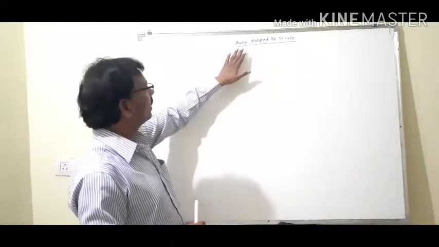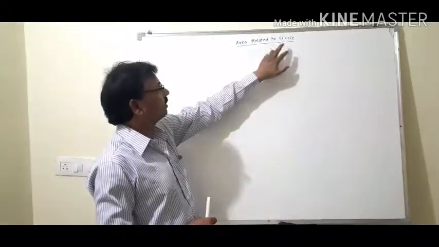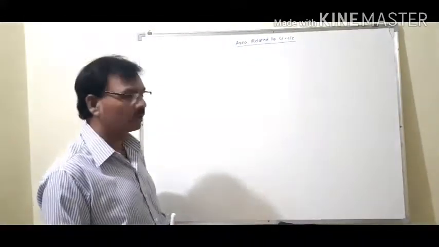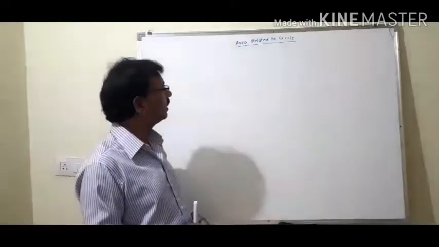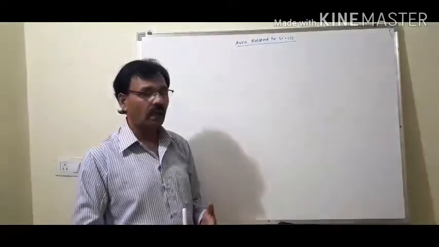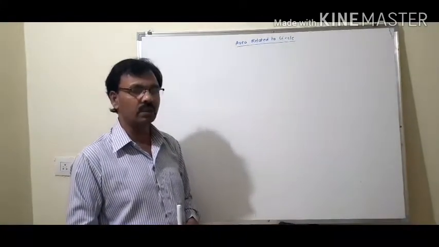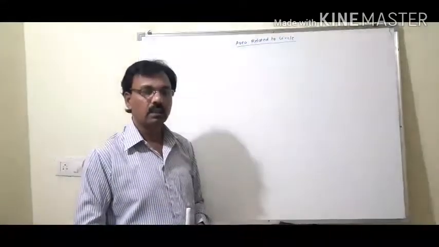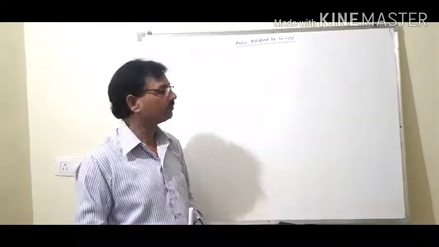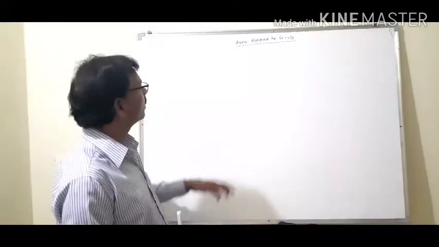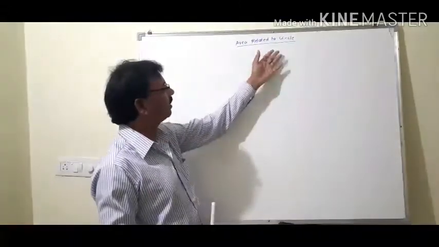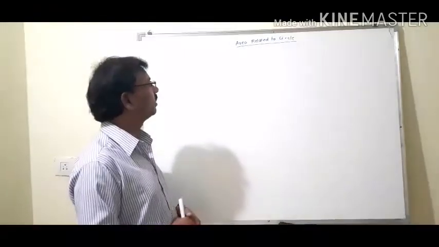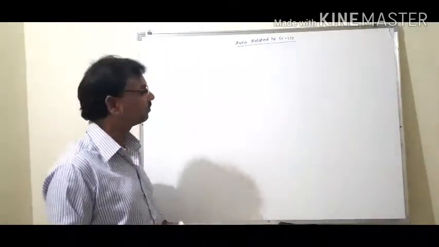Now, area related to circle means what is a circle and what is the terminology of a circle. We have already discussed circles and their terminology in the chapter Circles. Now, what is the area of a circle and what are the new topics related to it?